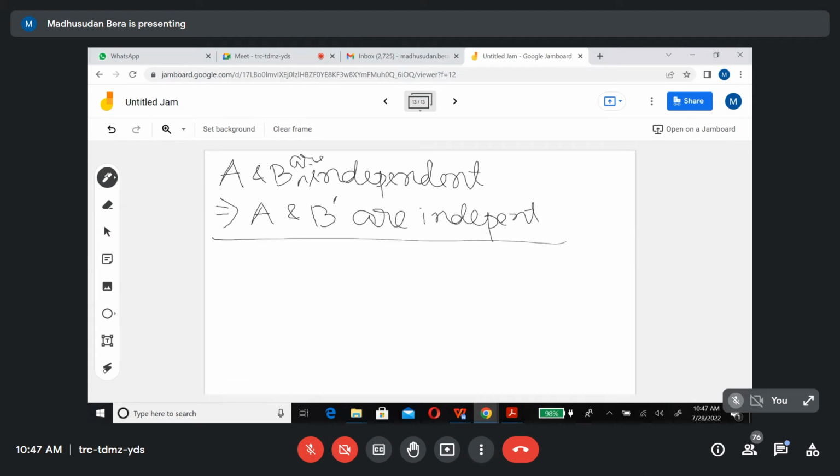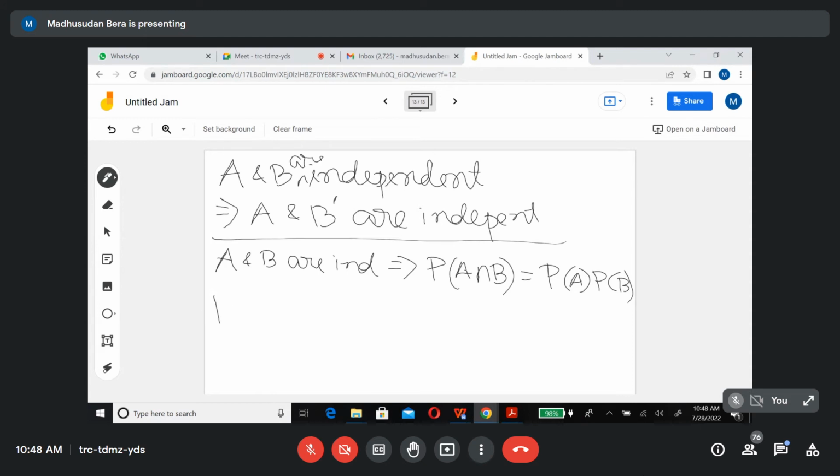See, A and B are independent. What is the condition? A and B are independent. That means P of A intersection B is PA PB. Now we want to show A and B dash are independent.